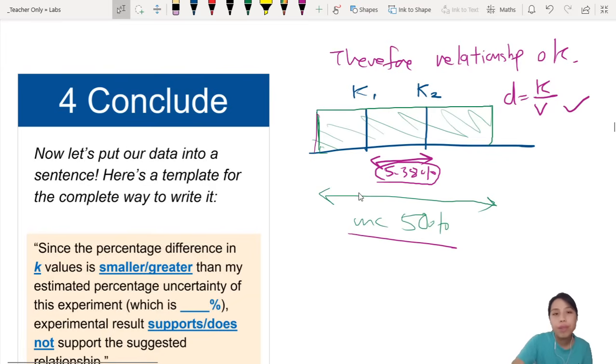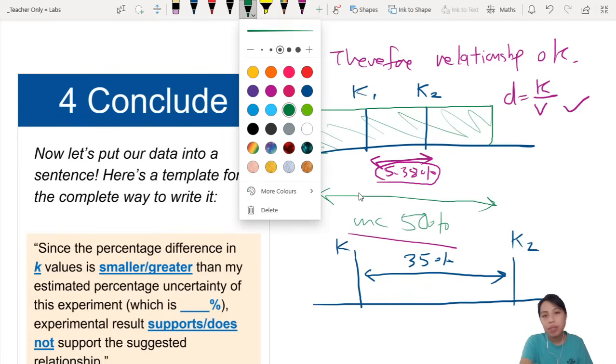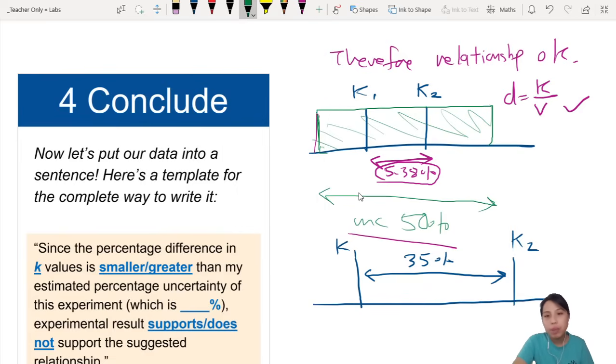But let's say your K values are quite different, a very big difference. Let me give a number. Percentage difference, let's say 35%. You calculate it to be 35. But your experimental uncertainty is a bit smaller. Whoa, experimental uncertainty is only in this range. Uh-oh, we have a problem now. Let me redraw this.